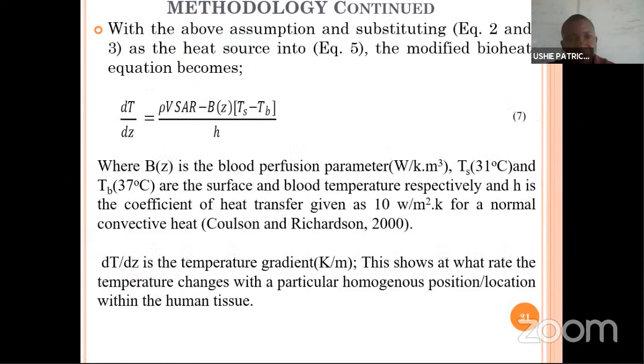If you apply this to that bioheat equation and evaluate it properly using all the necessary boundary conditions, you discover that we arrive at equation 7, the temperature gradient, or temperature difference, where rho is the density, the volume size, the source, and the volume flow, the flow rates within the system, and Ts and Tb are different temperatures of the body system and the surface of the biological system.